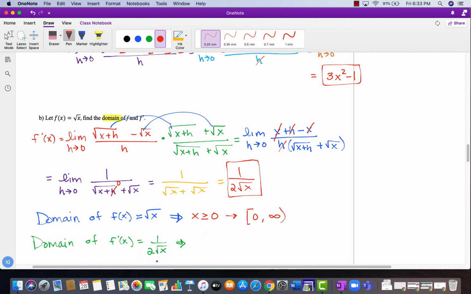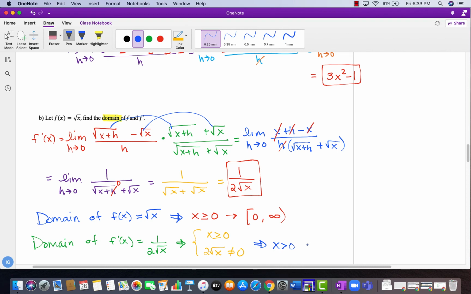Now if we look at the derivative of this function, we have to pay attention to the denominator here. The denominator, 2 square root of x, cannot be equal to 0, correct? Because we cannot have 0 in the denominator. So because of this, we know that x has to be greater than 0.